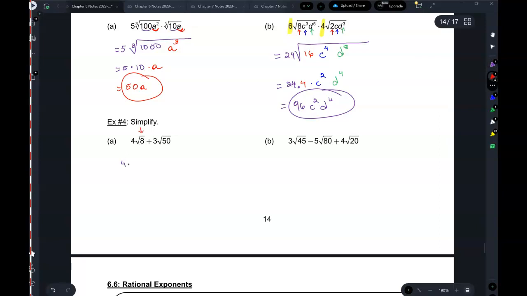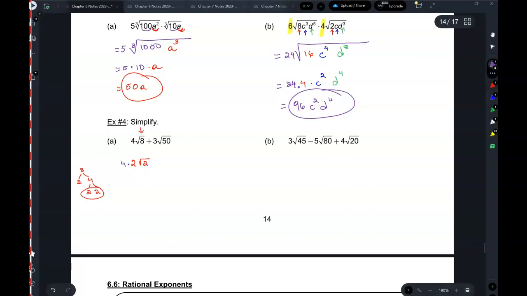So let's do this. 4 root 8, this is 4 times. Now, the root 8, I have 8, 2 times 4, 2 times 2. They come out by 2's. So one pair comes out, one stays. So I did the 4 root 8.